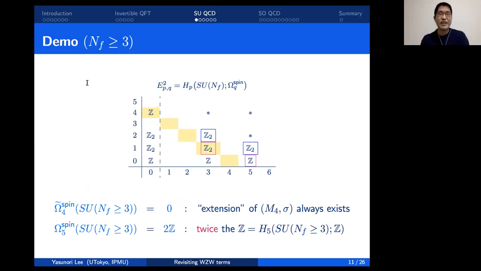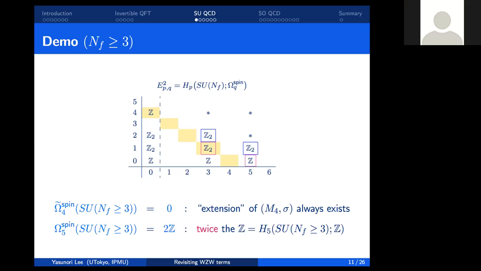It'll be explained in the N_F equals 2 case, but let me be brief. For a given M4, you might not be able to find a 5-manifold bounding M4. It's like K3, you mean? Yes, it's like K3. But this group being trivial means that you can always find such a bounding W5 or a connecting W5 to another 4-manifold with trivial sigma configuration. I see.